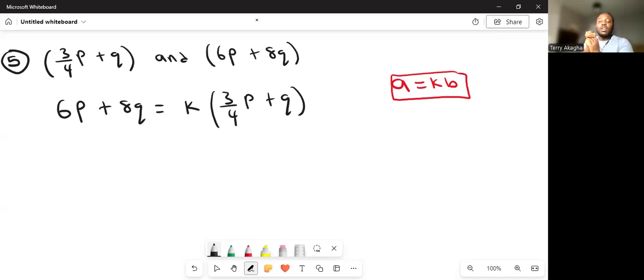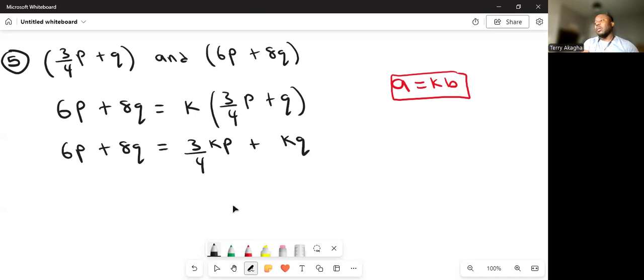Does not really matter. You should get the same thing. All right. So we're going to open the bracket. So it's going to become 6P plus 8Q will be equal to 3/4 KP plus KQ. Are you seeing it?